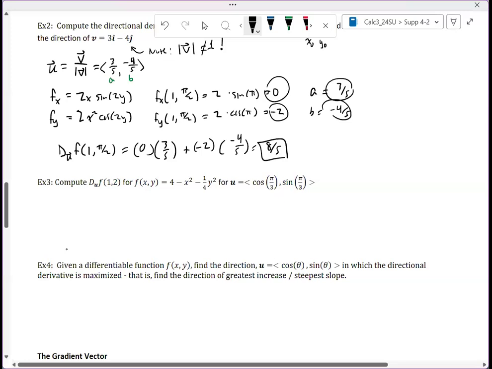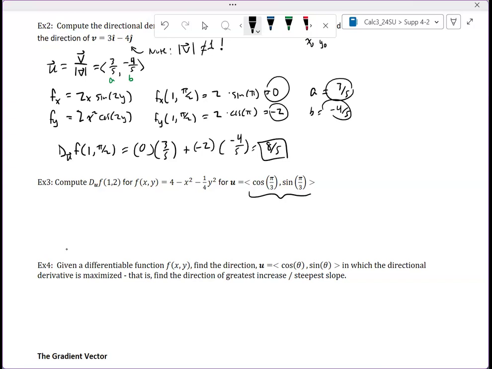Okay, and then example 3, compute the directional derivative at the point 1, 2 for this vector cos of pi over 3 comma sine of pi over 3, which is a unit vector. Again, any vector expressed this way is going to be a unit vector. So again, we'll start by taking our partial derivatives.